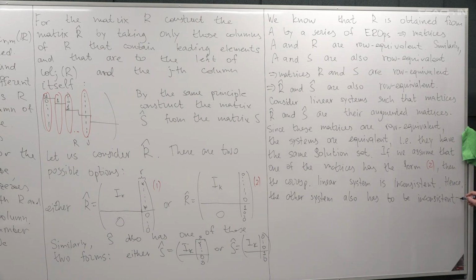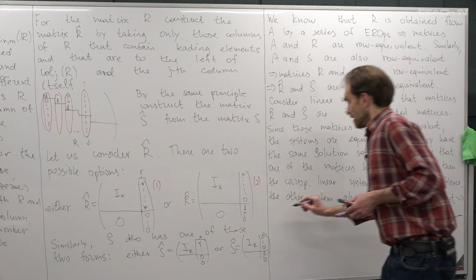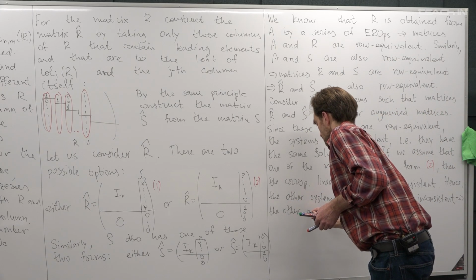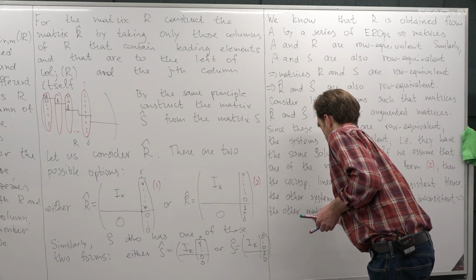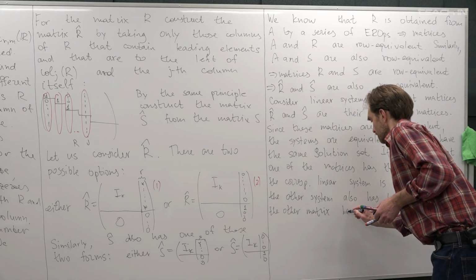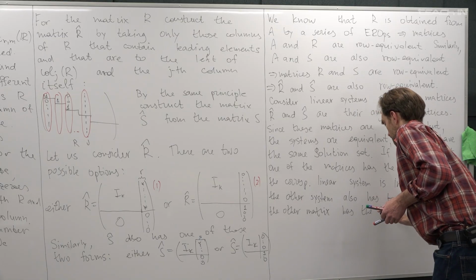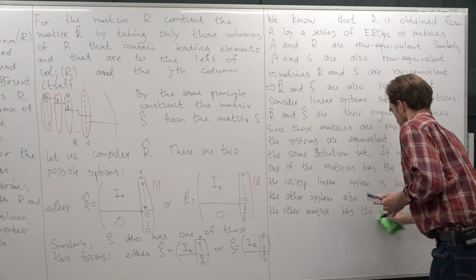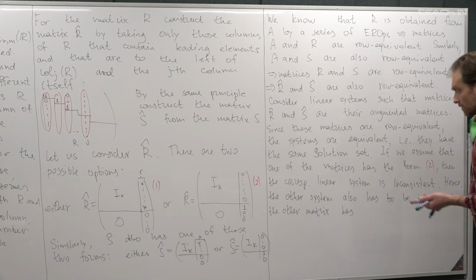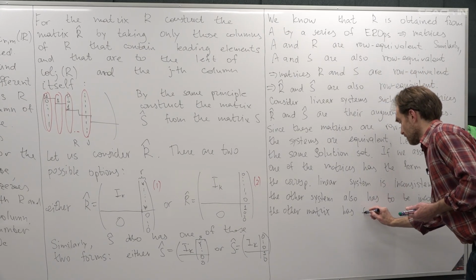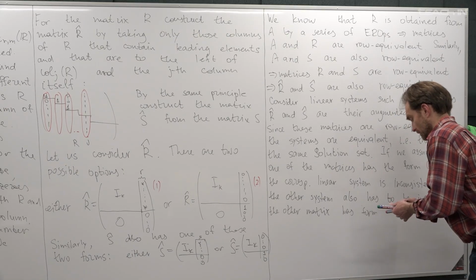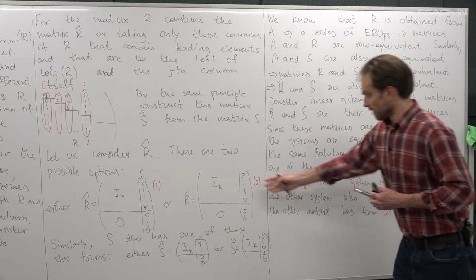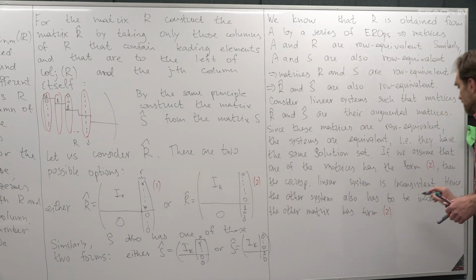And this means that the other matrix also has form 2. So they both have this form and they are equal.